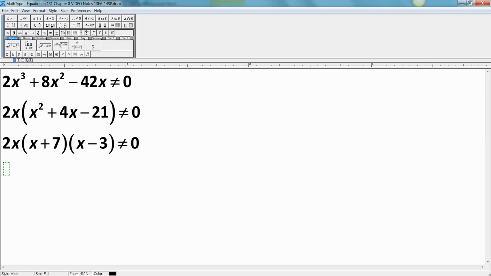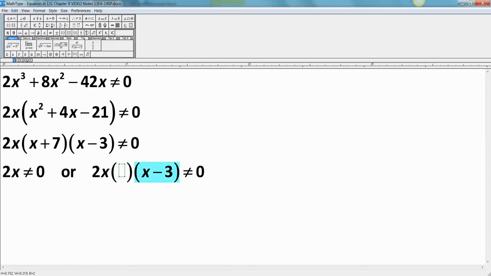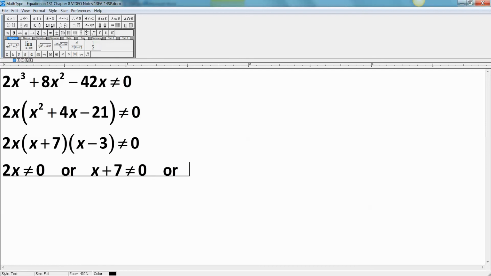All right, so now you have three things. You have the 2x, that can't be 0. So let me multiply this. You have 2x cannot be 0 right here. Then you have x plus 7 cannot be 0, or you have x minus 3 cannot be 0.